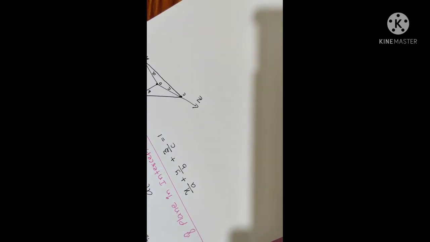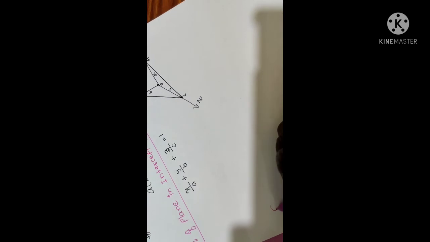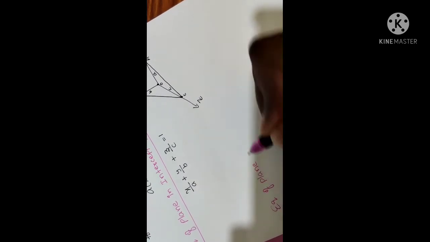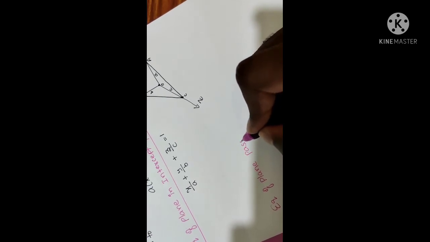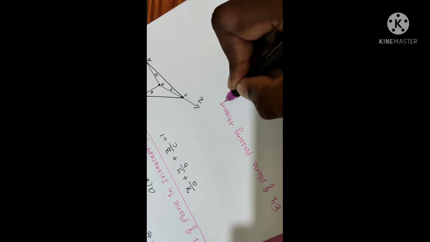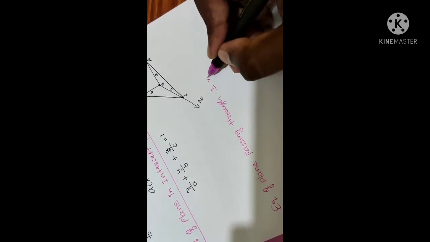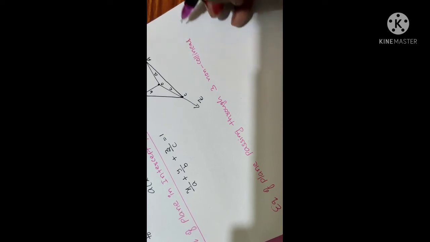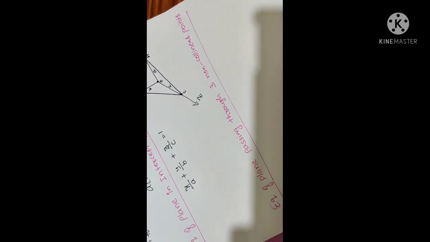And the next definition is equation of plane passing through three non-collinear points.